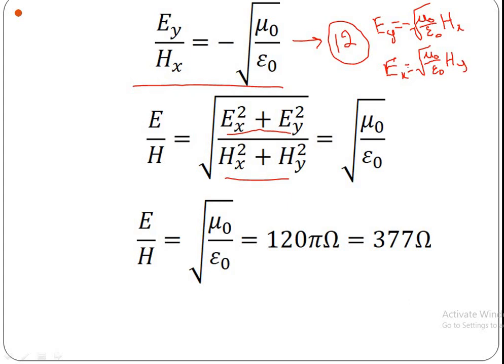Now substitute these two equations in this. That becomes, I will write here, square root of, first Ex square on both sides.